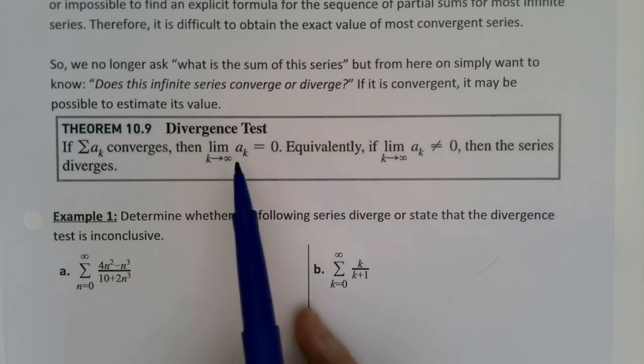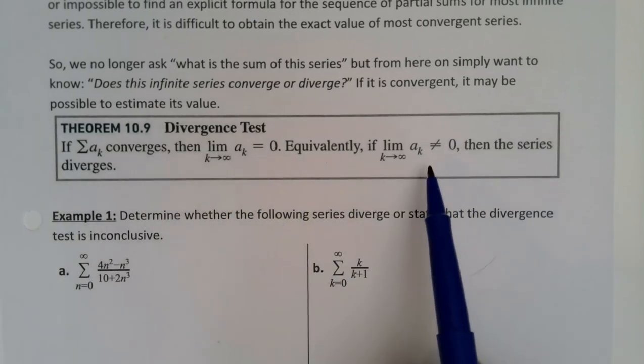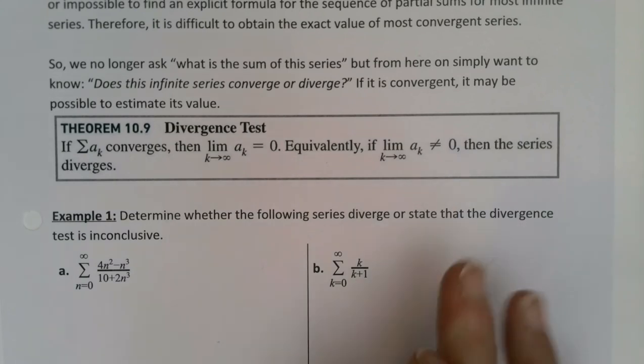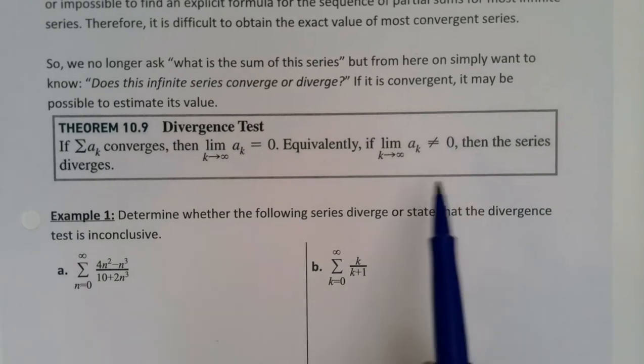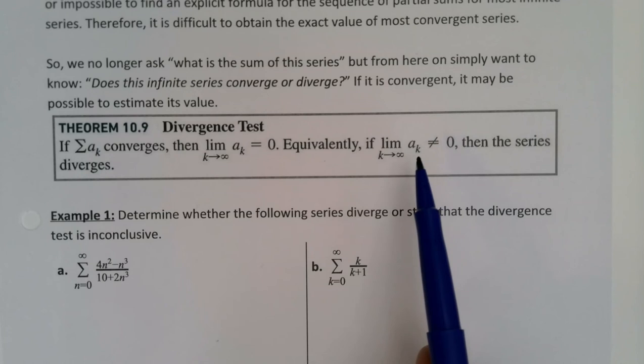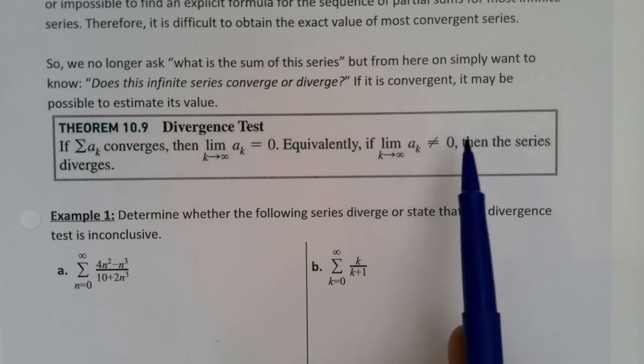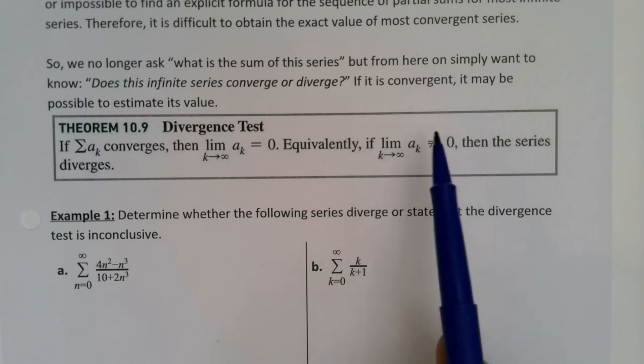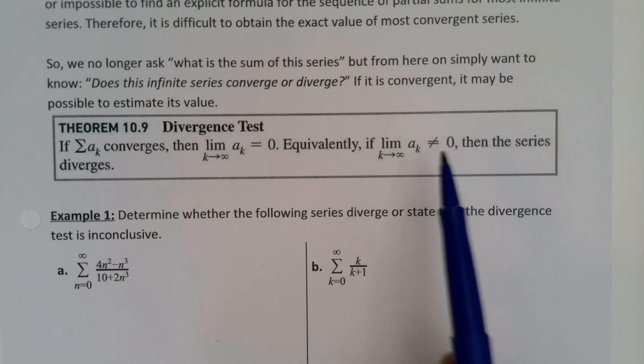Otherwise, you'd be going to infinity. If you're not going to 0, let's say you were going to 0.2, adding up infinitely many 0.2s is going to make infinity. Adding infinitely many 0.1s is going to make infinity. Adding up infinitely many of anything that is not 0 will automatically make it infinity, period.